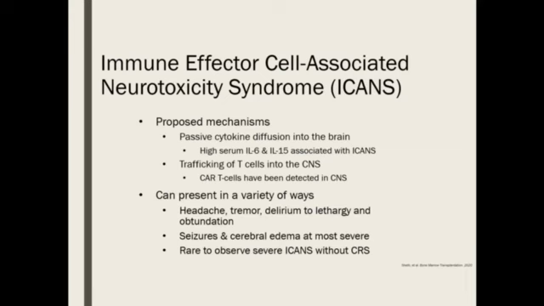We also know that these CAR T cell products have been found in the CNS, so direct CAR T activation within the CNS may also be playing a role, but we really don't have a great handle on this mechanism quite yet. It can vary significantly from just a mild headache all the way to tremors, lethargy, seizures, obtundation, and it's relatively rare to see severe ICANS without at least a little bit of CRS.